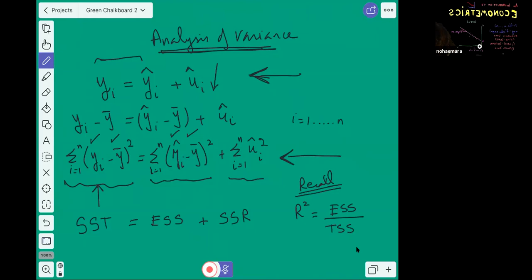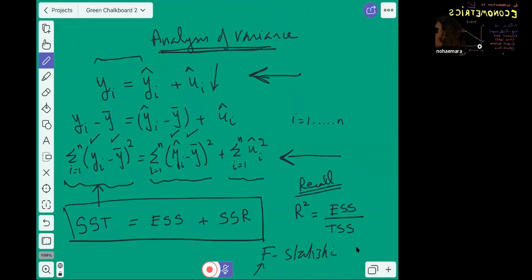Today, we're going also to use this one in order to talk about another measure of fit, which is called the F statistic. And the F refers to the first letter of the name of the person who came up with this analysis of variance, and his name is Fisher. So the F stands for Fisher.